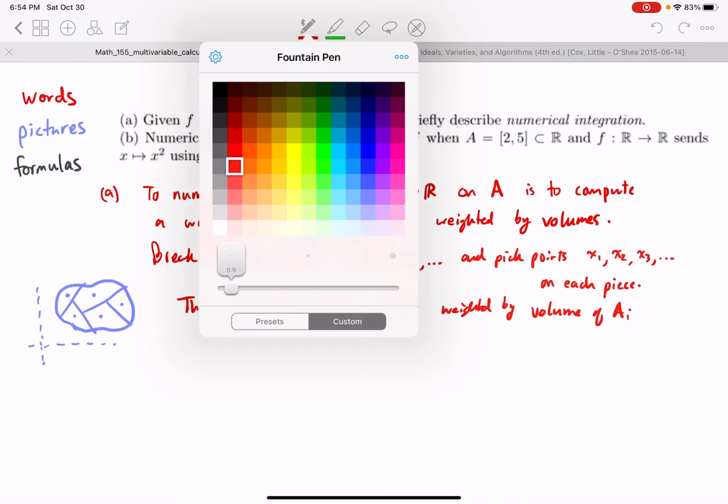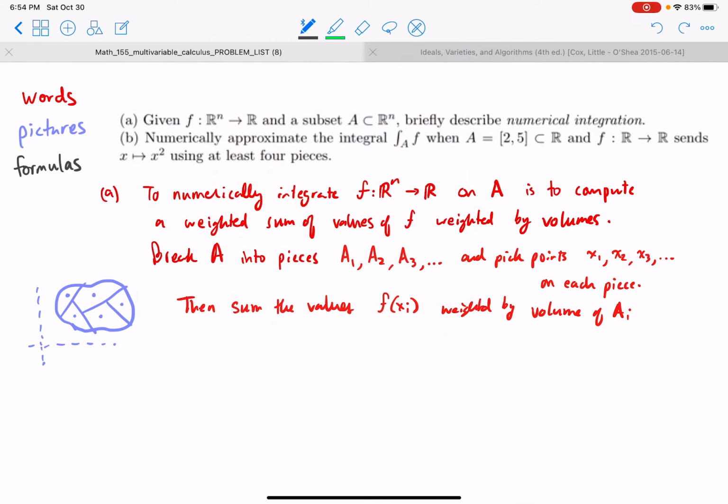Okay, so in a formula we might write that we take the volume of the ith piece, which is the weight, it's a number, and then multiply it by the number f of xi. And just compute a sum of all those things.